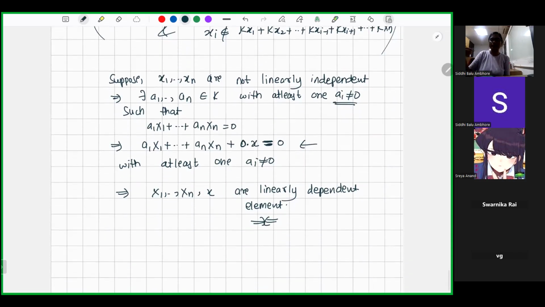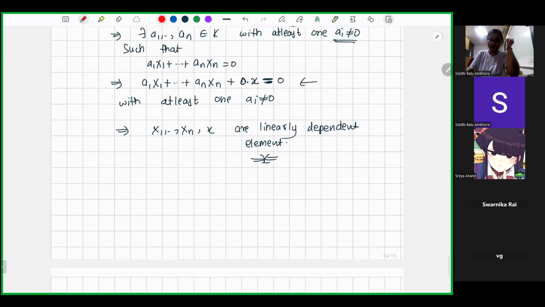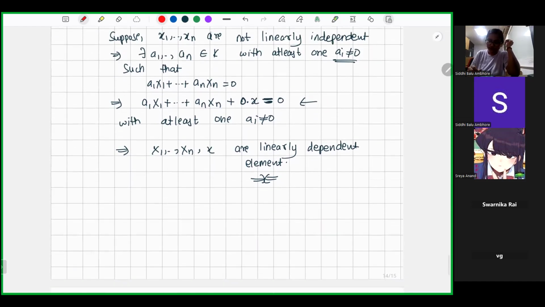What I'm doing is, I had a linear combination of n elements, and I'm extending it to a linear combination of n plus one by just taking the coefficient to be 0, and this still gives 0 because this was anyway 0.